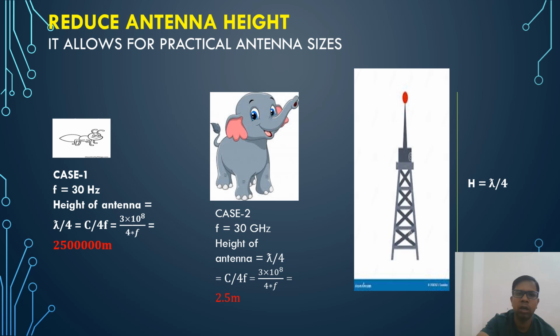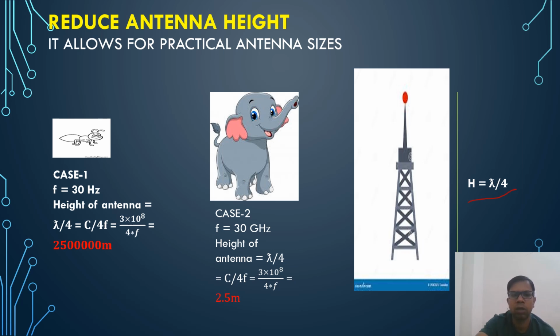Second advantage of modulation is that it reduces the antenna height. You can see in this picture that it allows a practical antenna size. When we compare the two cases, the practical size of antenna is lambda by 4.